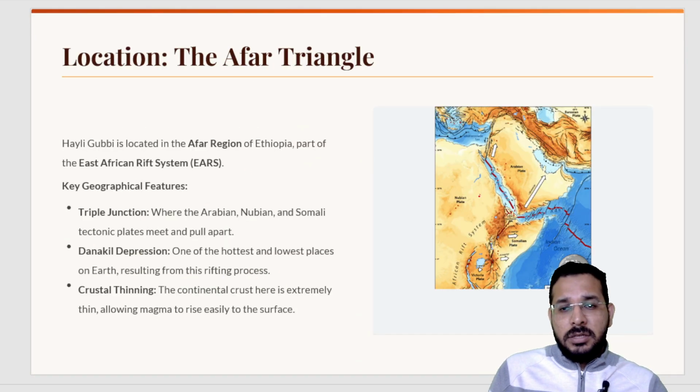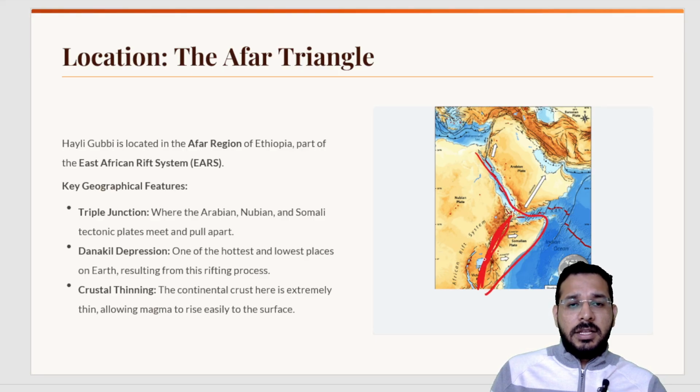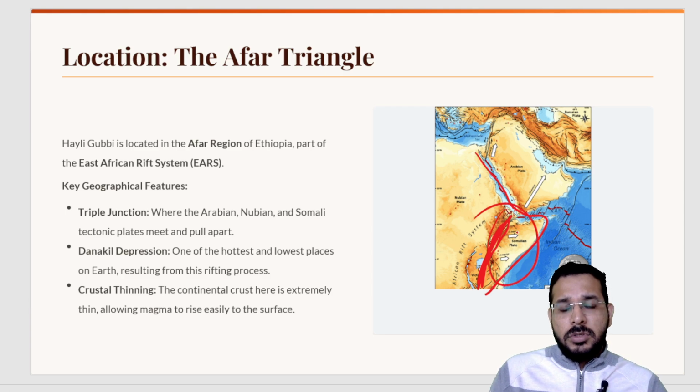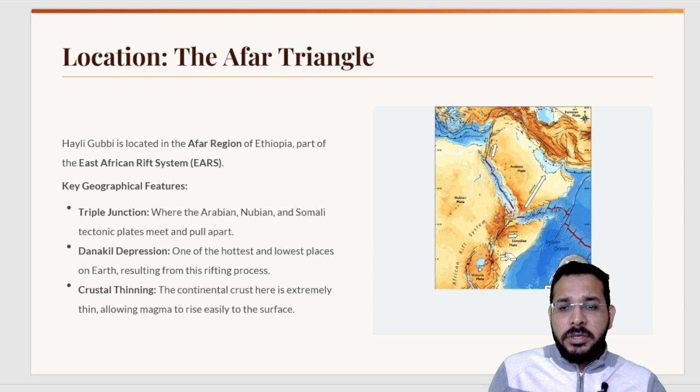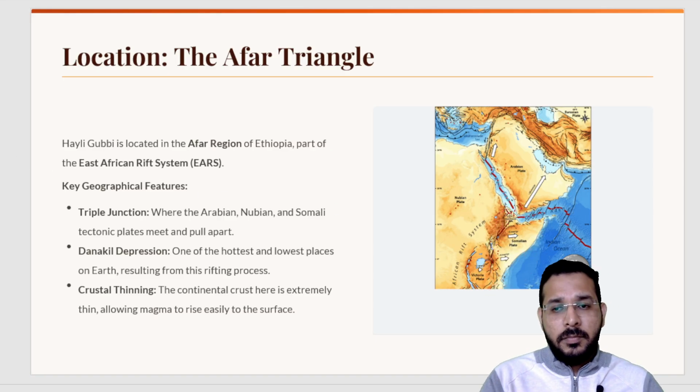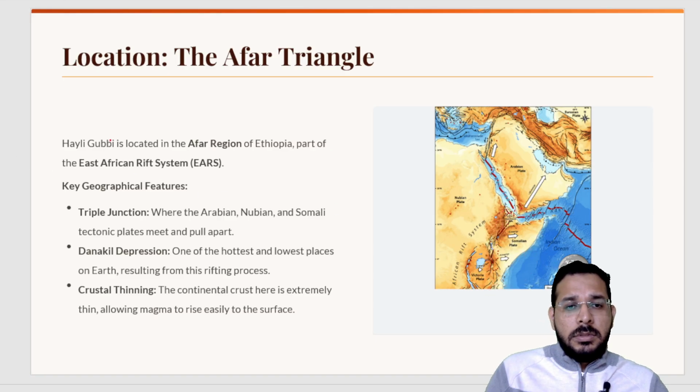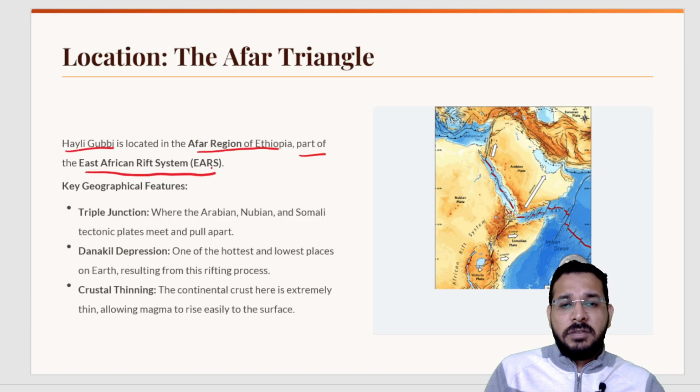So this region is Africa, and this is the Great Rift Valley. Ethiopia is over here. Over here, this volcano has erupted in the Ethiopian region. Hayli Gubbi is located in the Afar region of Ethiopia, part of the East African Rift System.